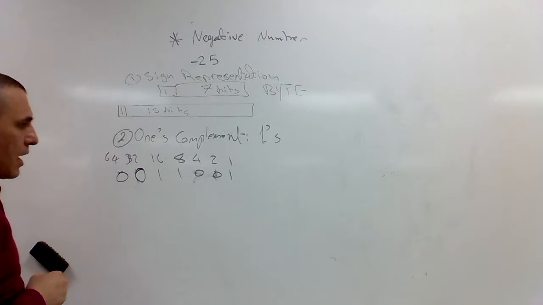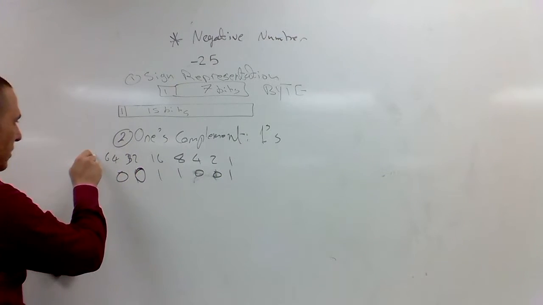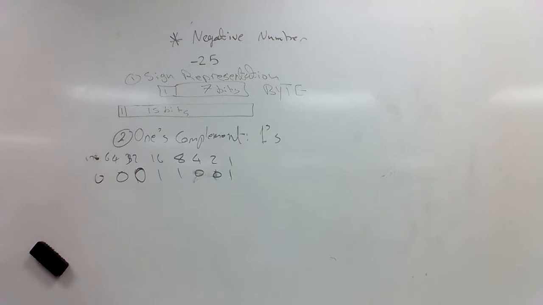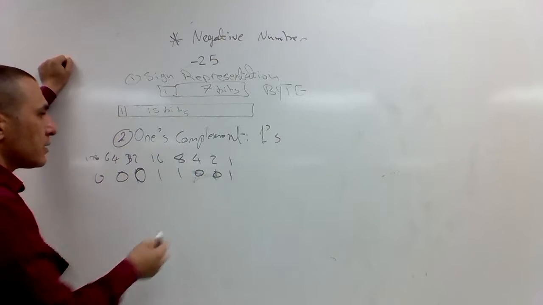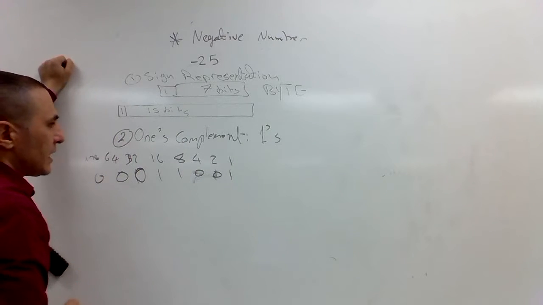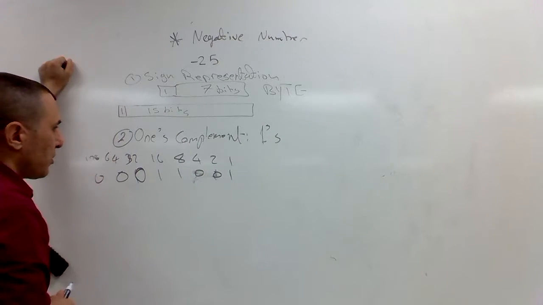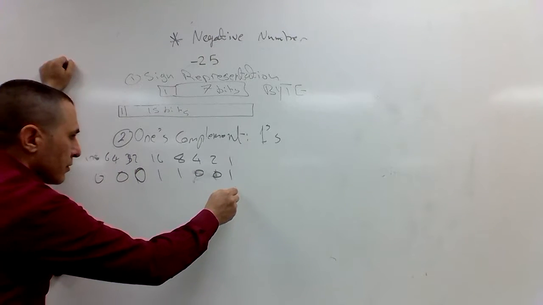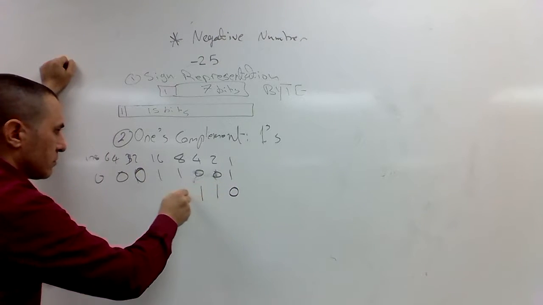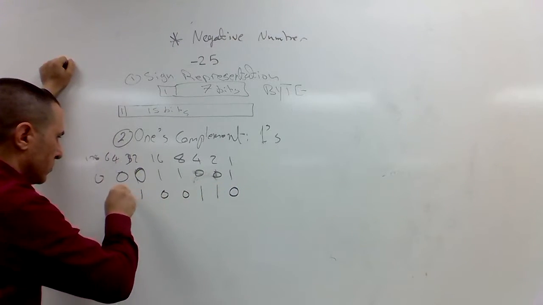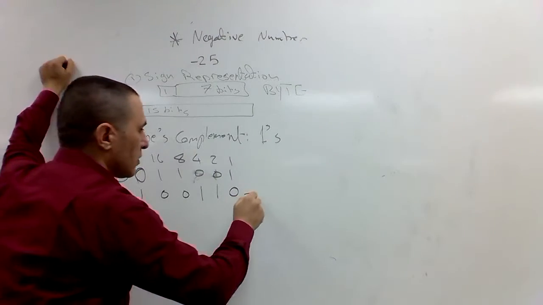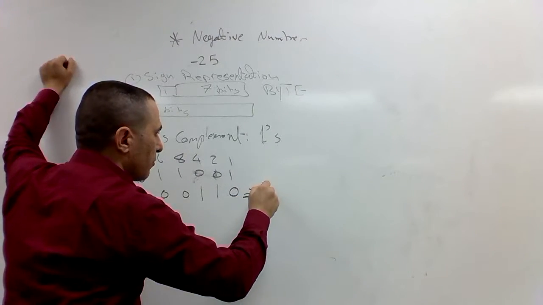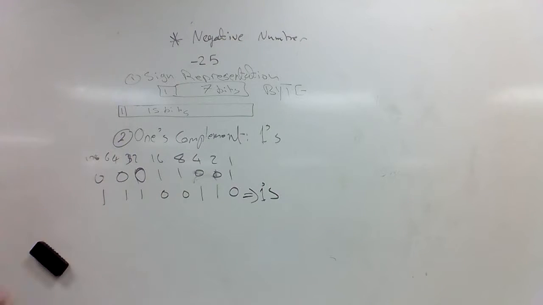I want to make it 8-bit. It's always better to take them as a byte. The 1's complement is flipping every 1 to 0 and every 0 to 1. This is the negative 25 in 1's complement.